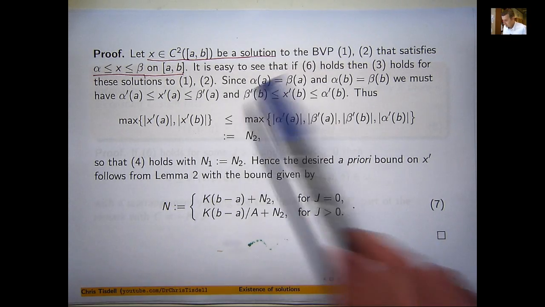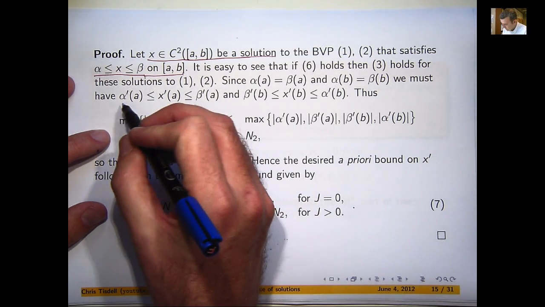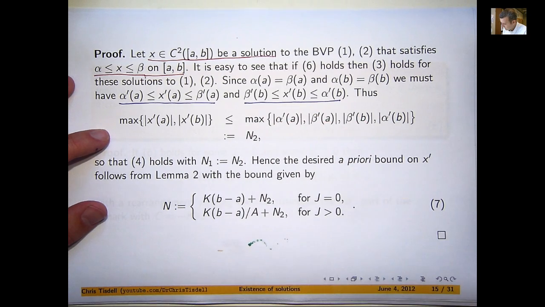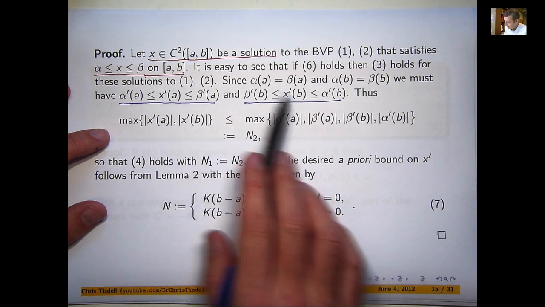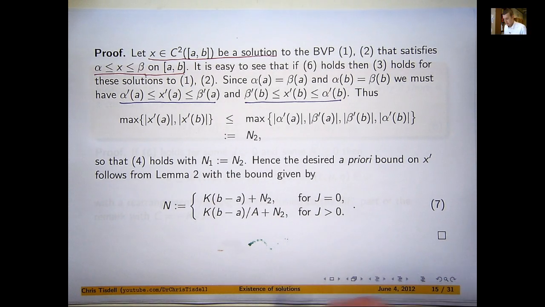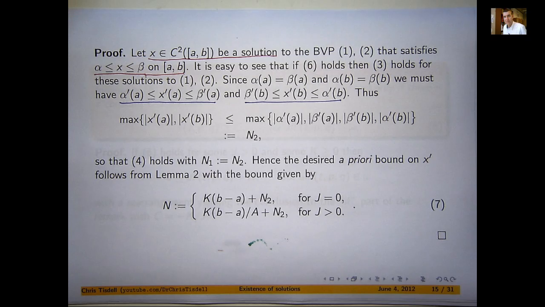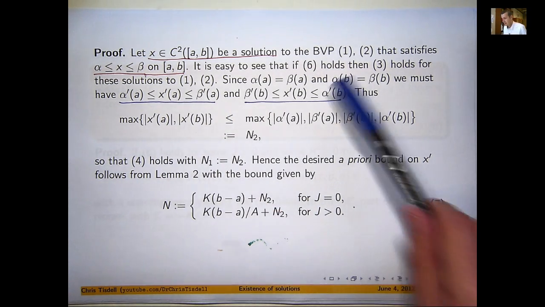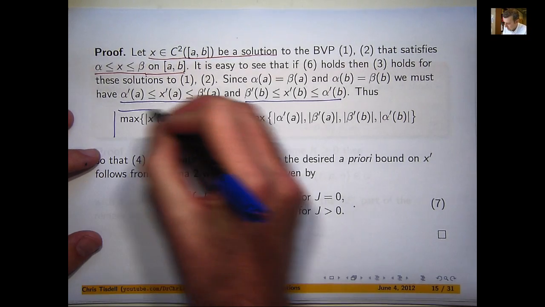So what this means is that we can use a sort of one-sided squeeze, pinching, or sandwich theorem, whatever you want to call it, to get these inequalities. Now, alpha and beta are one function, so these are well defined and they can be calculated. So we can form the following bound.